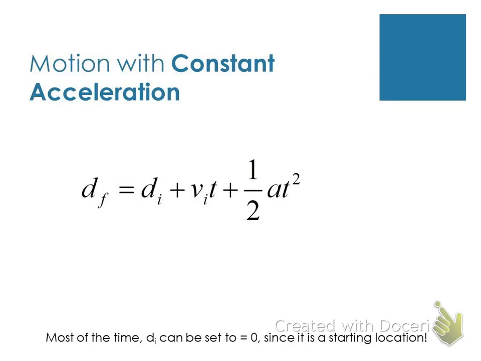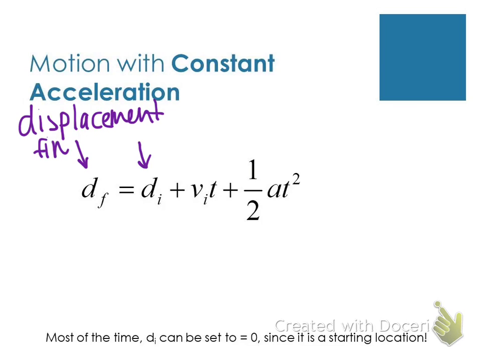So what do we think d sub f and d sub i stand for? Distance final. Good. Displacement final and initial. In these problems, the difference between distance and displacement is usually nothing. We're just looking at how far an object has traveled.